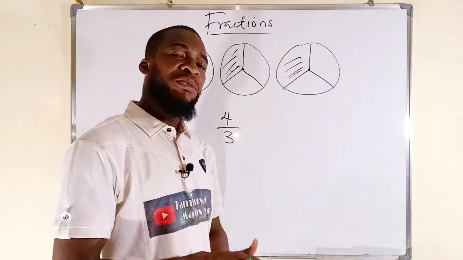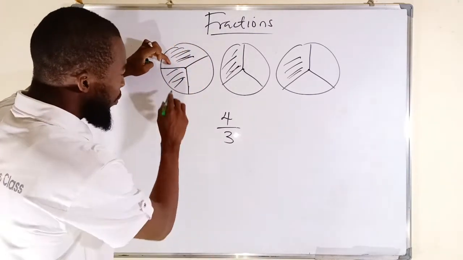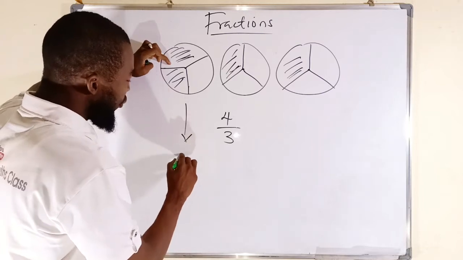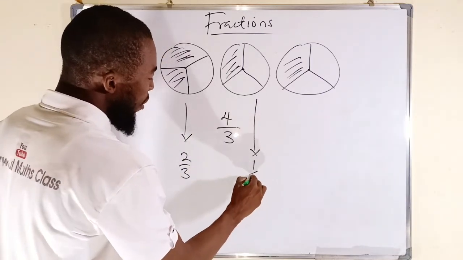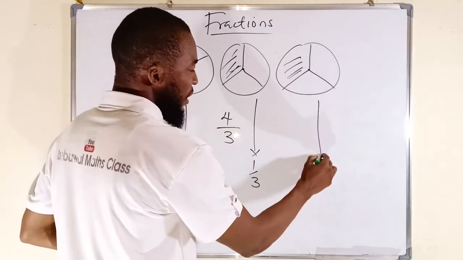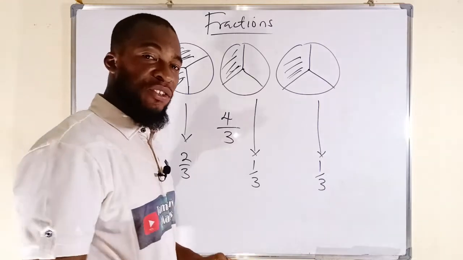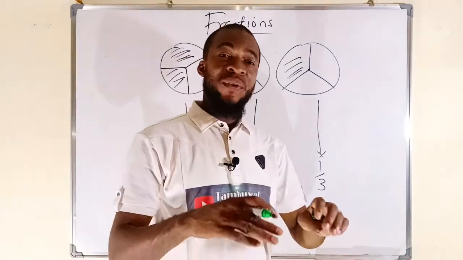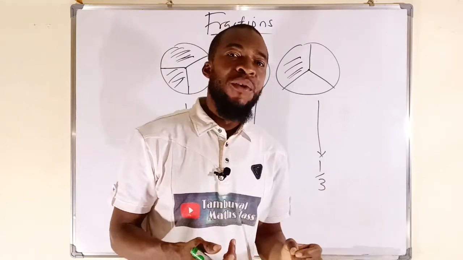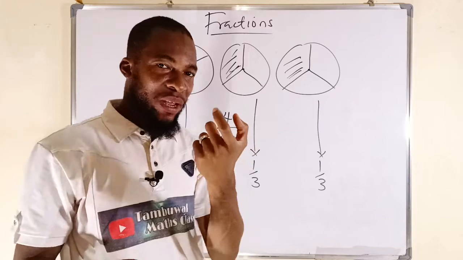If you are used to addition of fractions, you can get this one easily, because you can see the portion here is what? 2 out of 3. The portion here is just 1 out of 3, and the portion here as well is 1 out of 3. And the rule of addition of fractions states that if you are adding fractions that have a common denominator, you are free to add the numerators separately and take a single denominator, right?